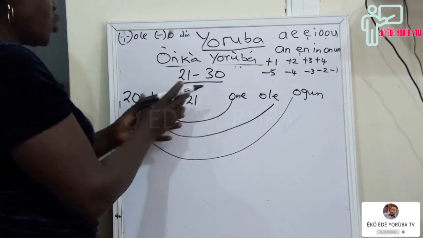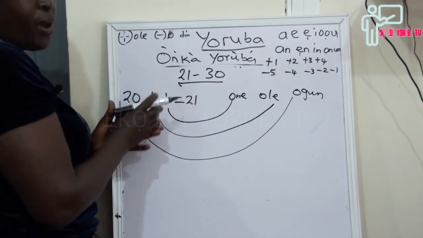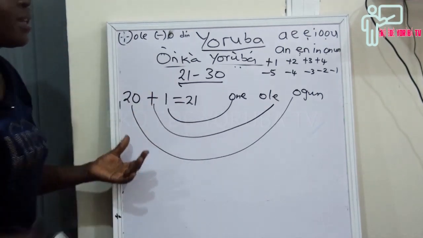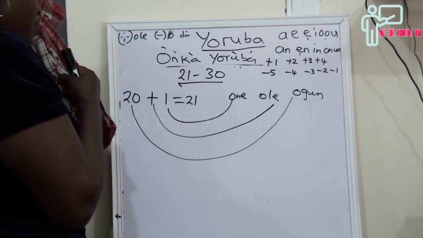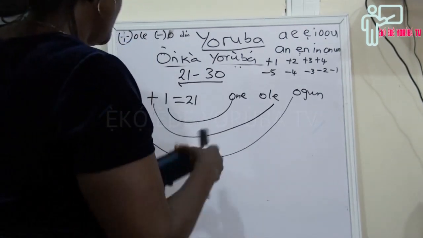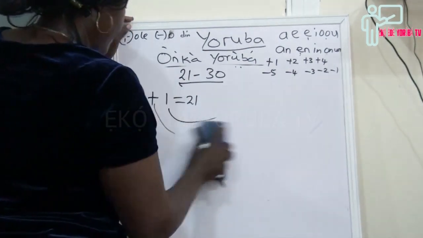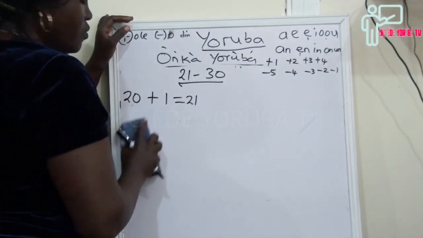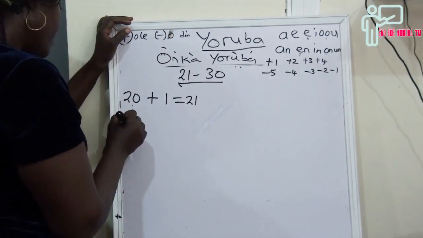So this one is 21. That is, we had 1 plus 20. It gives us 21. That one is a plus 1. I will not be drawing the diagram now.